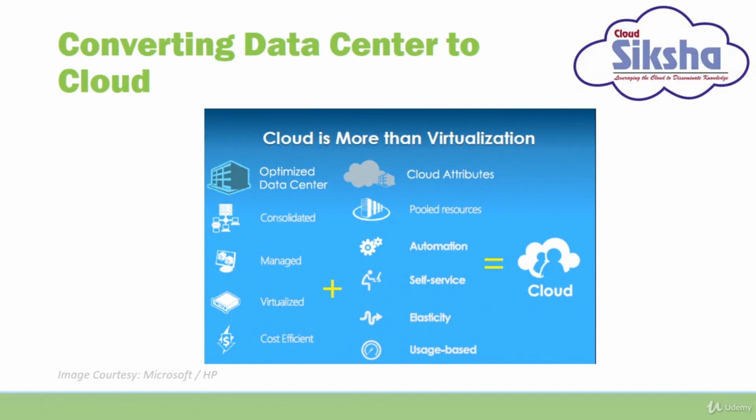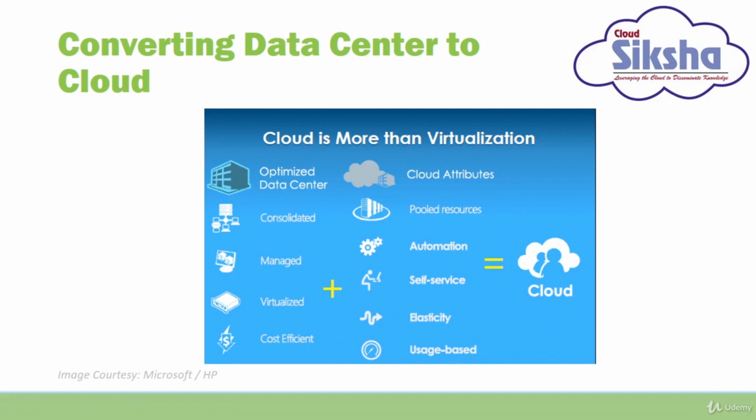A cloud is a combination of a data center with certain cloud attributes. We spoke about the 5 attributes of the cloud, the 5 essential characteristics of the cloud. And here in this diagram, you can see on the left side are the characteristics of what could be an optimized data center.